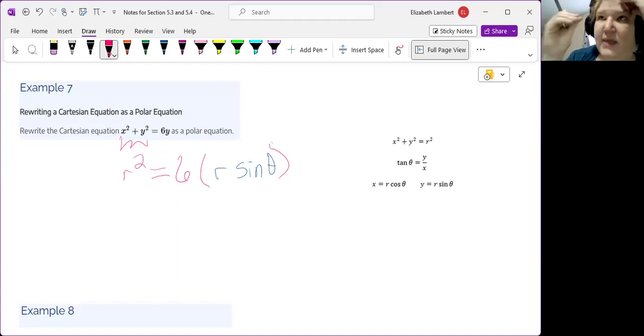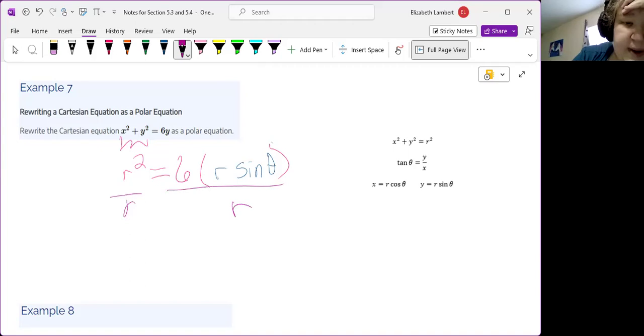Now, in our Cartesian equations, we normally don't divide by variables. In polar equations, it's a little easier, especially when it's an r you're dividing by. That is what we would do to quote unquote clean this up. So we're going to divide both sides by r.